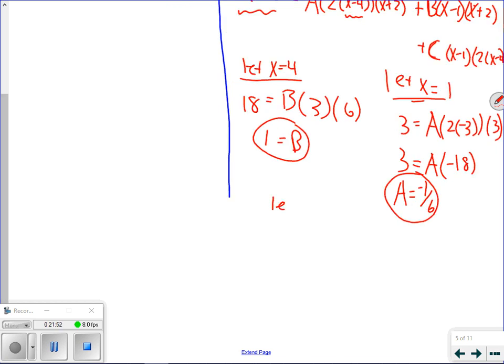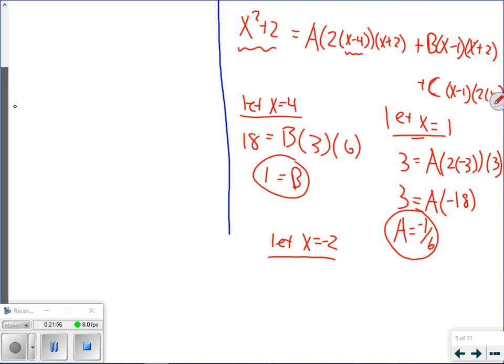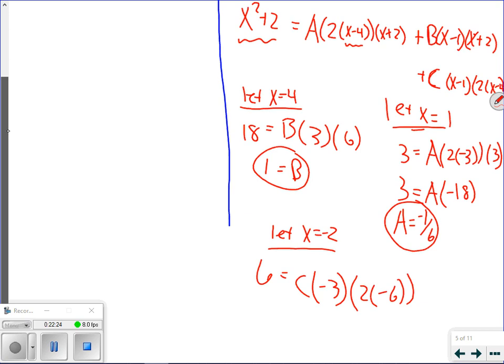That's going to cross out your A term and your B term, and I'm going to end up being able to solve for C. So negative 2 squared plus 2 is 6 equals C, and then negative 2 minus 1 is negative 3, and then 2x minus 4, or 2 times negative 2 minus 4, is negative 8.